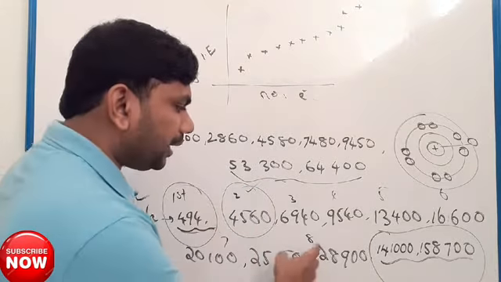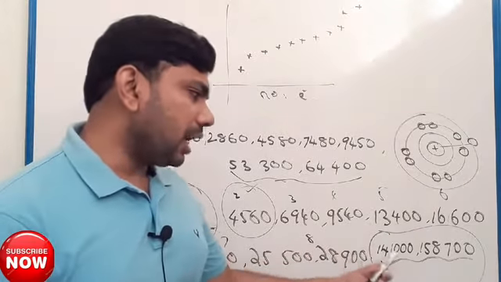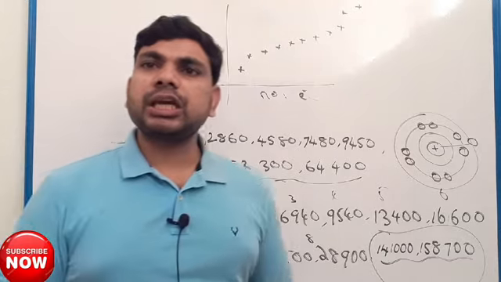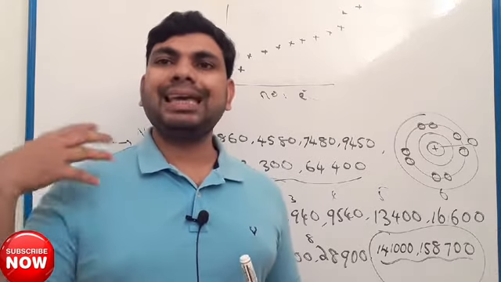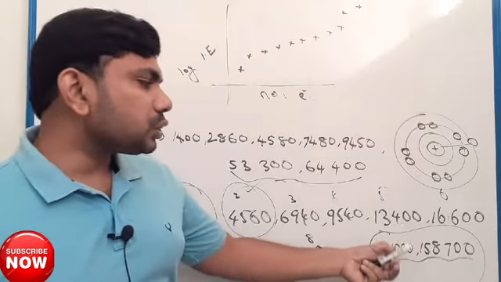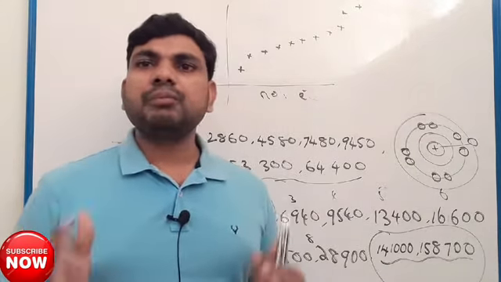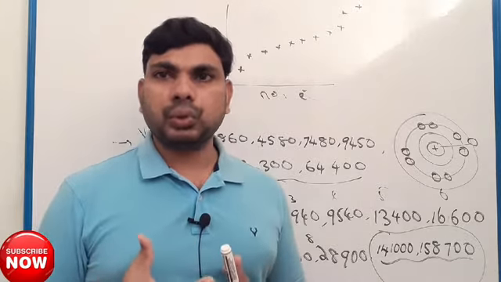Okay, compared to 8th ionization energy, last two ionization energy, we can observe a big difference, a big increase. Okay, so it indicates that last two electrons also in another energy level. That energy level, it is much more close to nucleus.